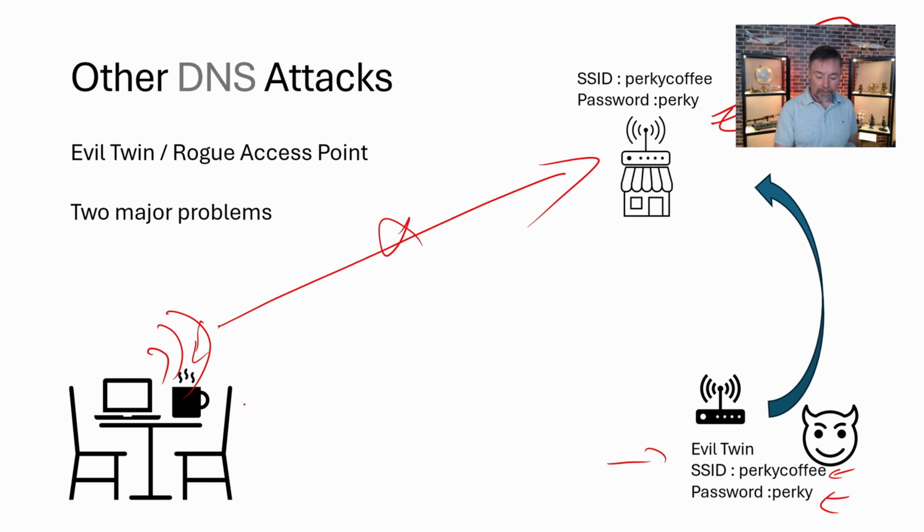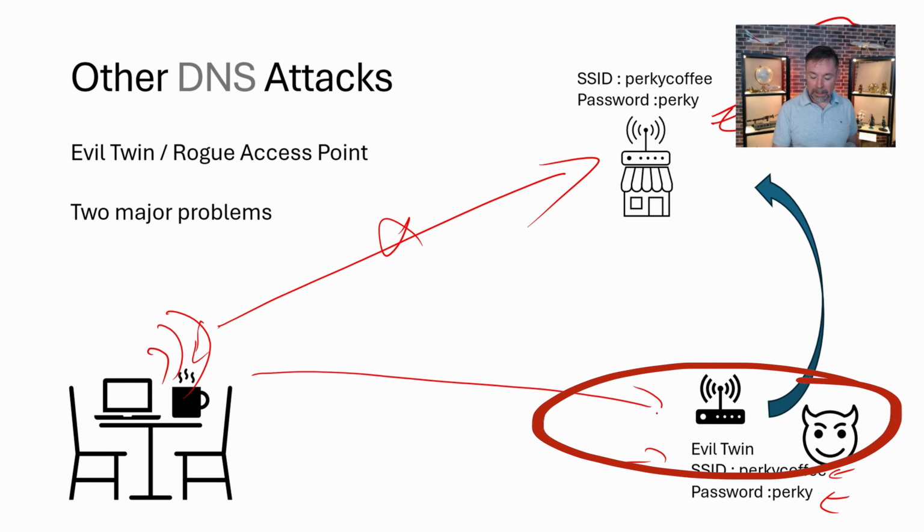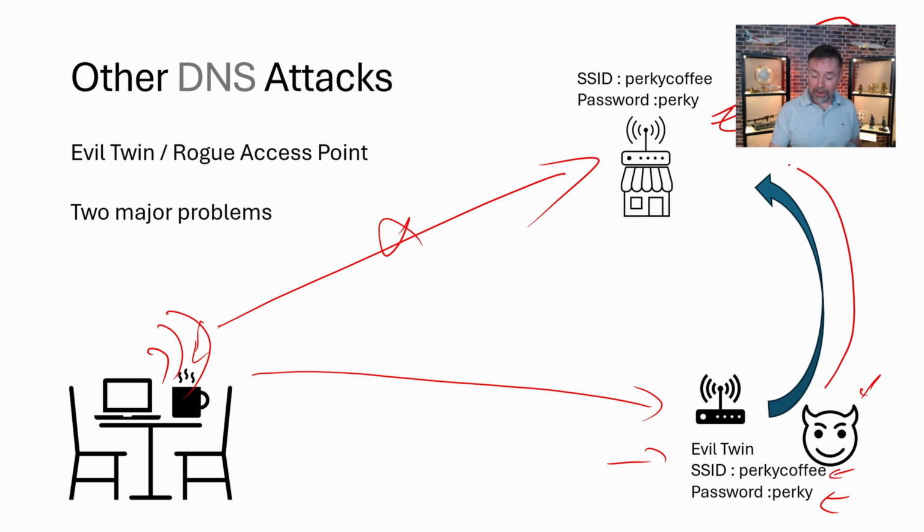Now, if our friend over here connects to the evil twin instead, what happens? All the traffic goes through this router. Now, the attacker is no idiot. He's going to then have another connection to the coffee shop and use their internet connection to go out to the world.